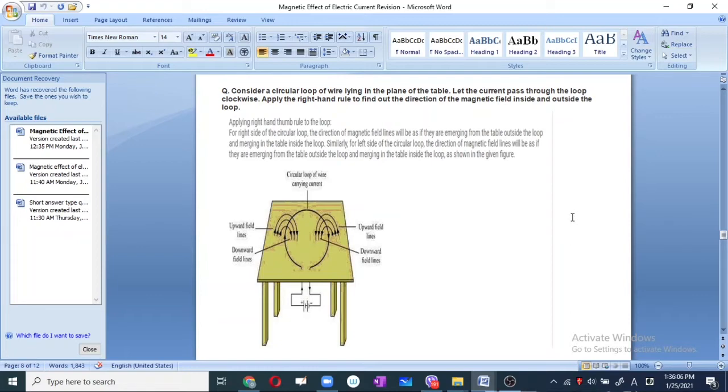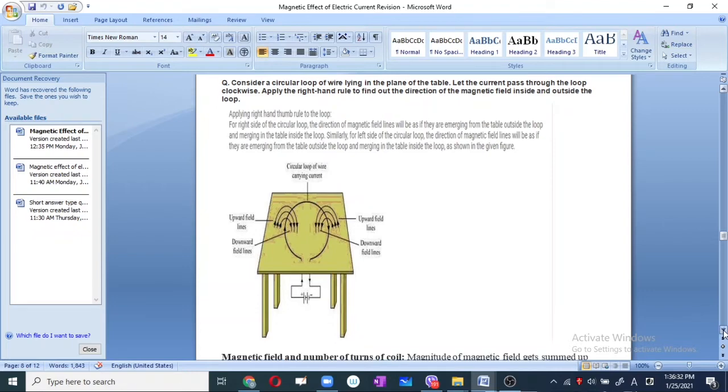So what do we find inside the loop? Inside the loop we find that the magnetic field seems to be merging inside the table, and outside the loop it seems that the magnetic field lines are coming out from the table. Okay, this is the thing to understand in this question.